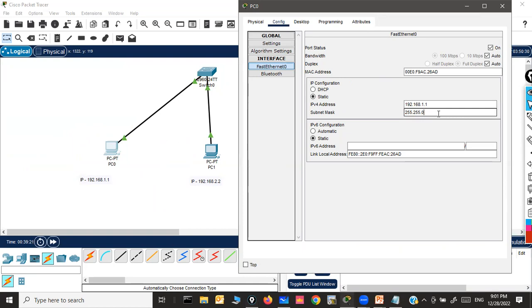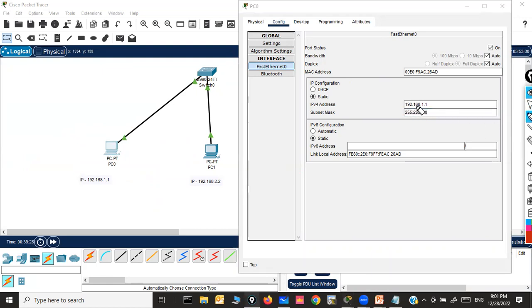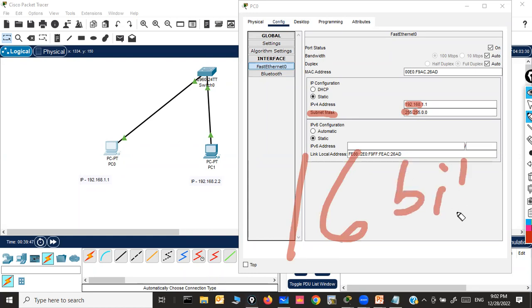Now I've changed the mask to 255.255.0.0, meaning only the initial 2 octets are the network portion. How does TCP/IP know that? It will again look at the subnet mask: 255.255 in binary is 16 ones, meaning a 16-bit network portion.